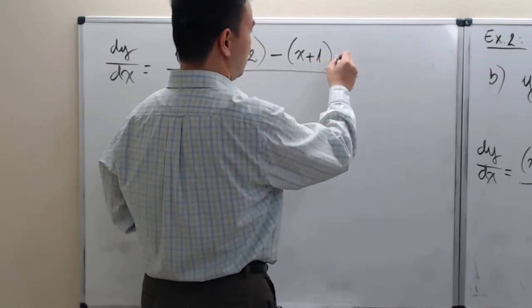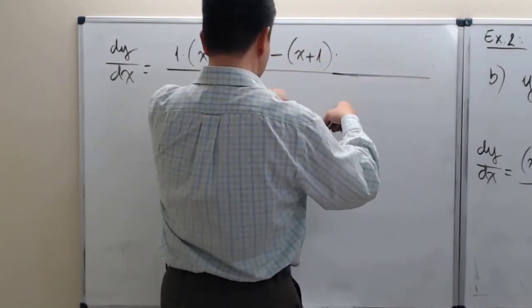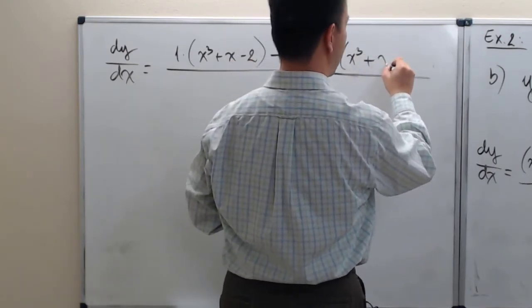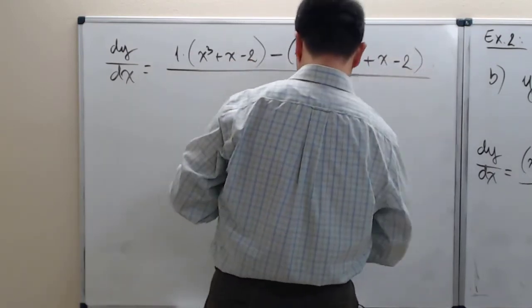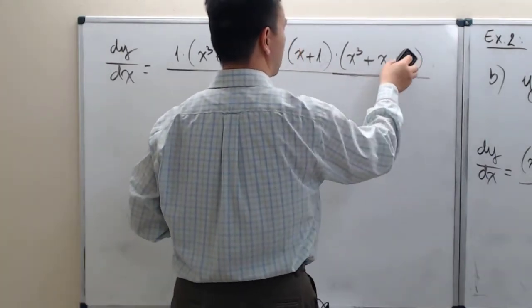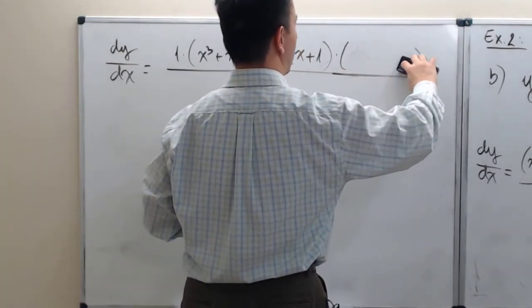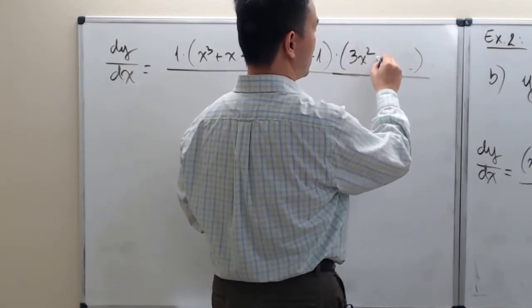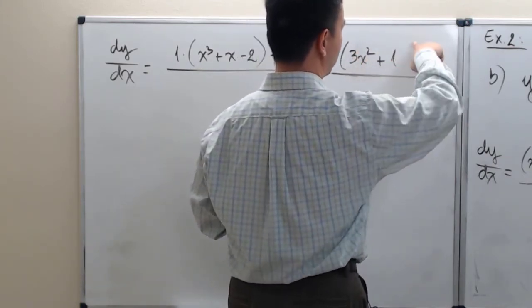This is u now, multiplied with v prime. And v prime is the derivative of x cubed plus x minus 2, so I miscalculated: it's 3x squared plus 1.